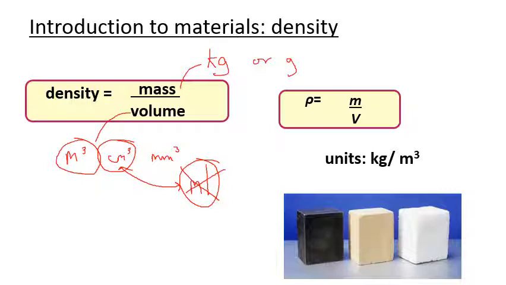Now, because you're doing mass divided by volume, that means the unit for density is going to be either kilograms per meters cubed, or it could be kilograms per centimeters cubed. It could be grams per centimeters cubed.